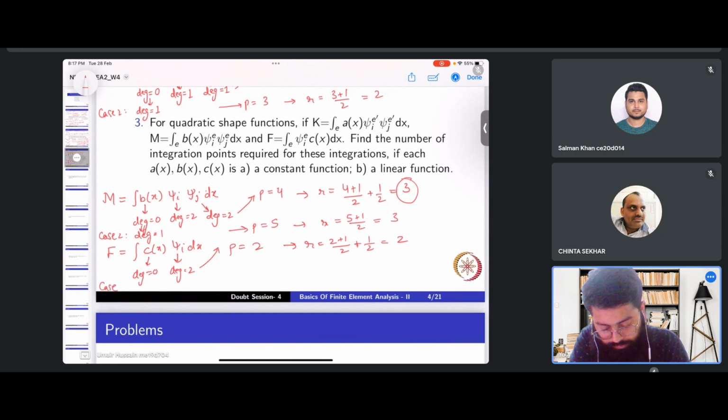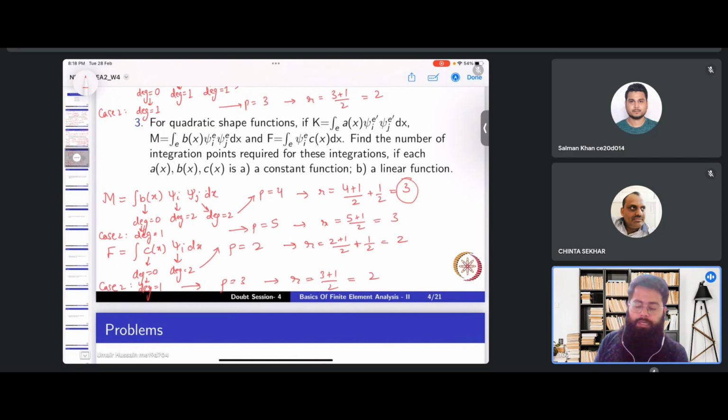And for this f, this degree is again 1, so p equals 3. So r is now (3 plus 1) by 2, again 2. So increasing the integrand by 1 degree didn't change the number of integration points, as long as the degree was even, right?